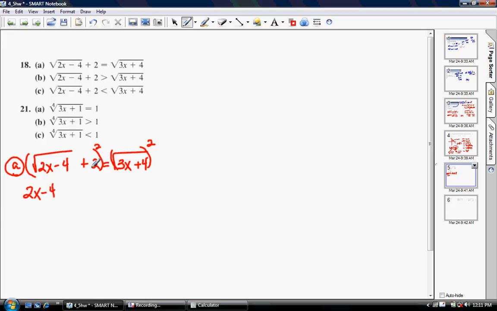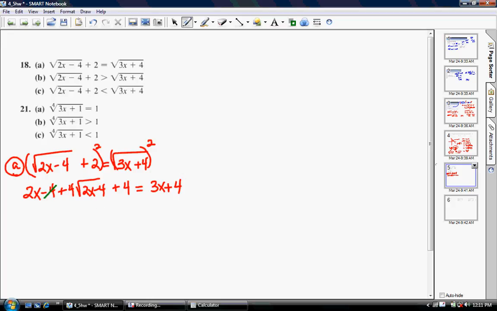Then I have to double the product, so that would really be plus 4 on the square root of 2x minus 4. And then square the last term, which would be plus 4. And on the right side, we just simply get 3x plus 4.